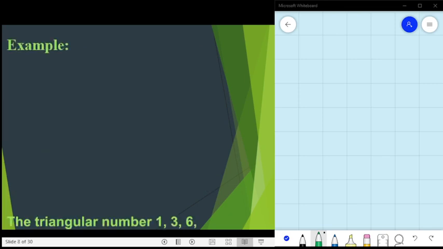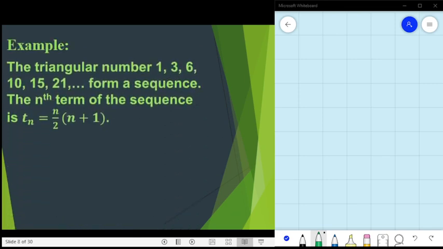And then, we have this example. The triangular numbers 1, 3, 6, 10, 15, and 21 form a sequence.